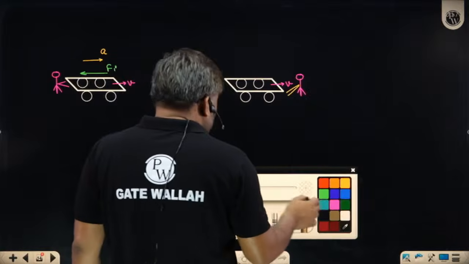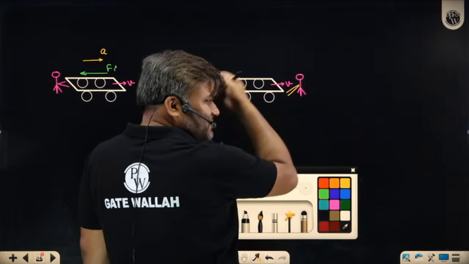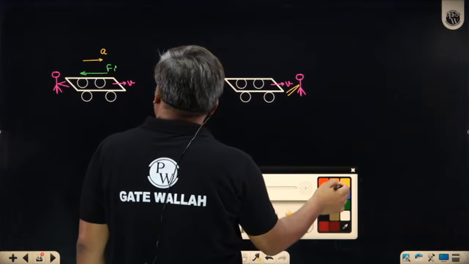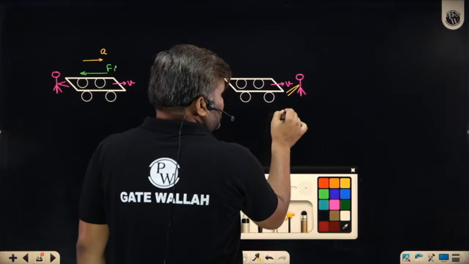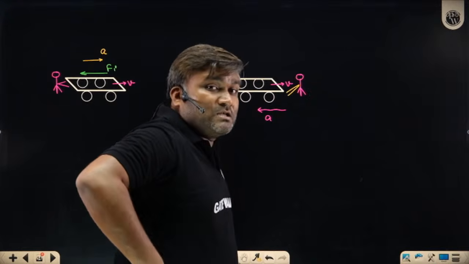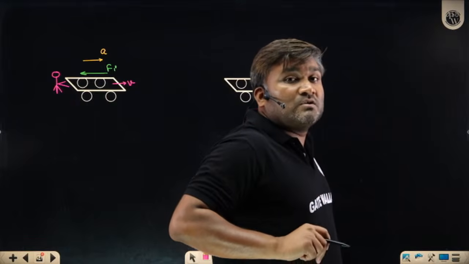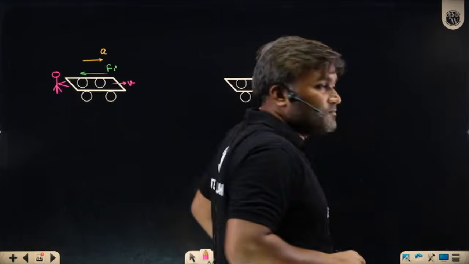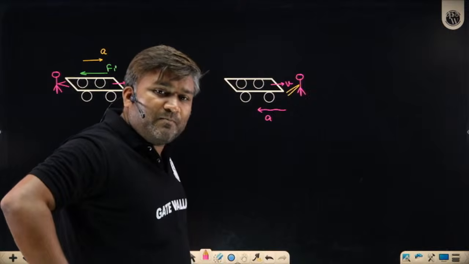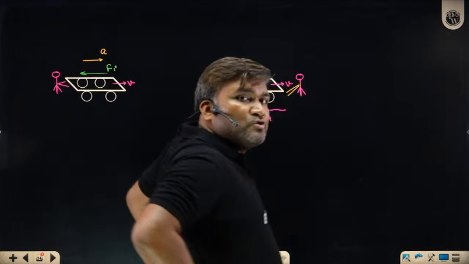Now where is the acceleration? Sir, the body is moving in the forward direction, acceleration is in the reverse direction, and you will feel that this very heavy cart is pushing you around. You will feel that force. What is that? Inertia force. You will feel that this body, because of its mass, because of its heavy nature, is pushing you around.